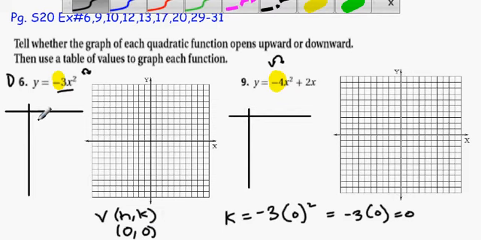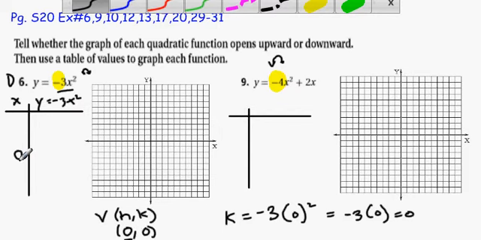So if I were to construct a table from this, I'd take my x column and my y column, y equals negative 3x squared, and I'm going to put my middle value as the x coordinate of the vertex.